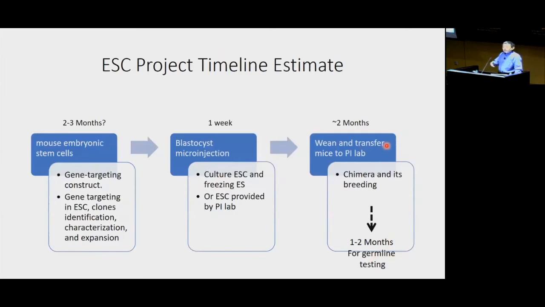And then you mate your chimeric mice to wild type mice to see if your mutation can go germline or not. So that's very critical, and you only know that result in the last step. So that's a risky project. I think the entire project is based on the quality of your ESLs. So that's one important parameter for you to keep in mind.